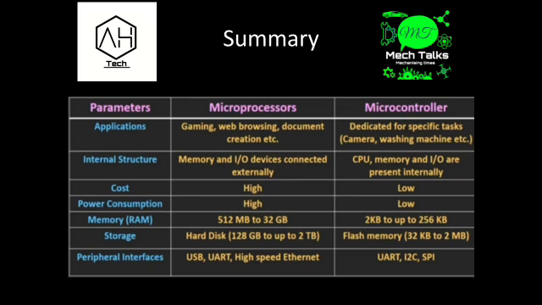When it comes to the microcontrollers, the peripherals are like UART, I2C, SPI, and so on. So this is all about microcontrollers versus microprocessors, guys. I hope you have understood what is a microprocessor and what is a microcontroller.